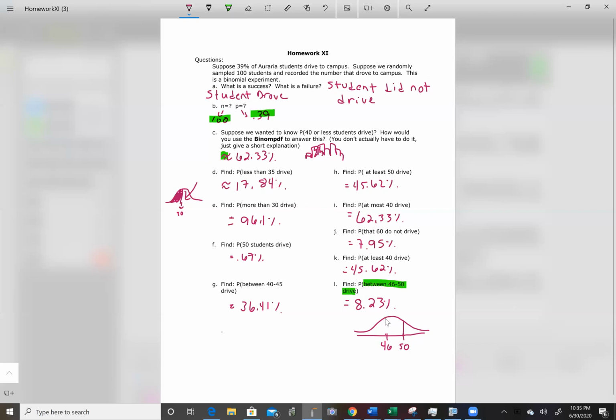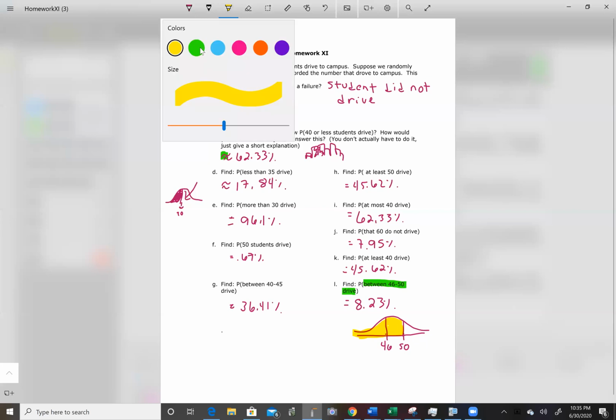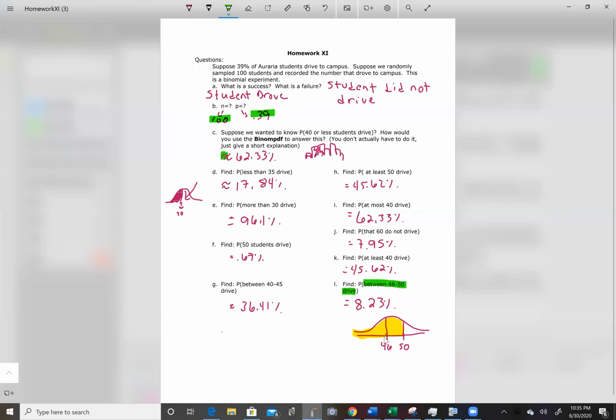If I find the area from 50, that's going to be, let's do that in yellow. That will give me everything here, right? And then if I subtract the area below 40, if I subtract out this green, the yellow that's left should give me the correct area.